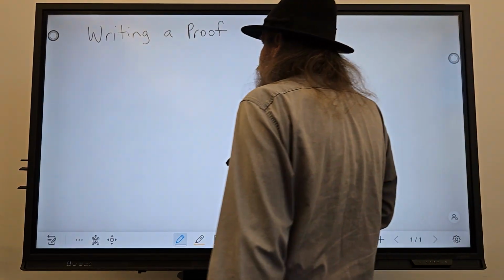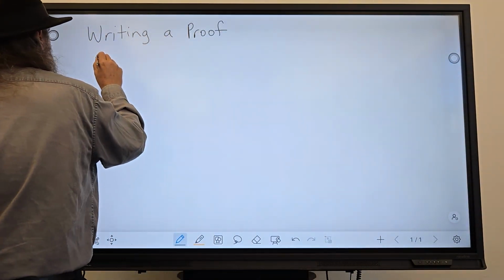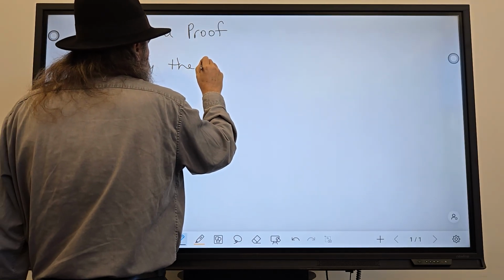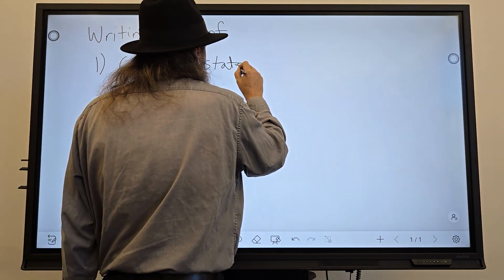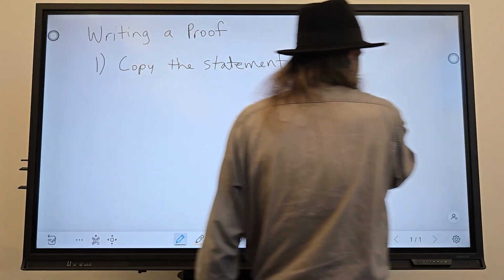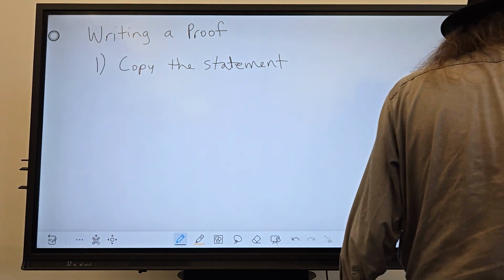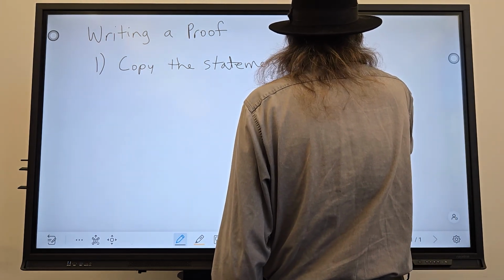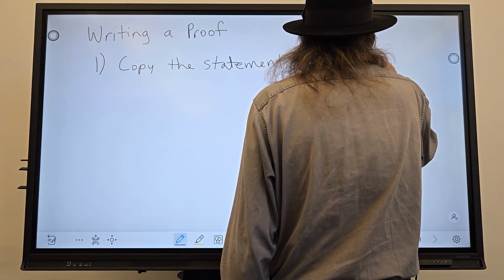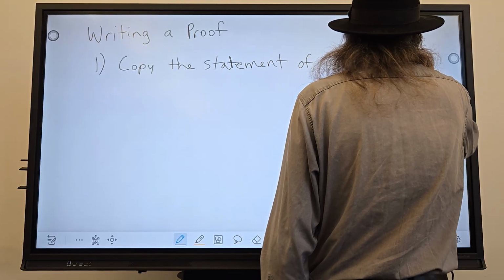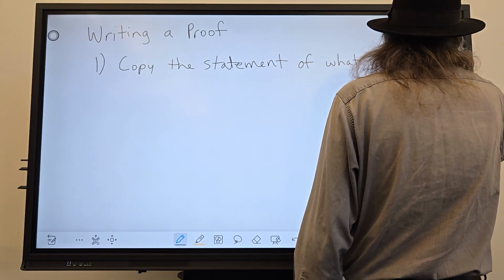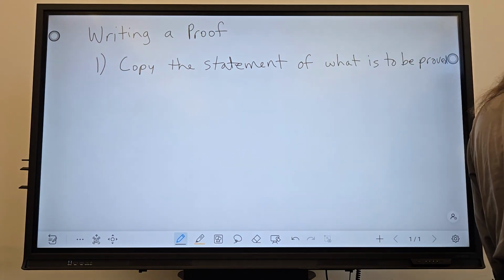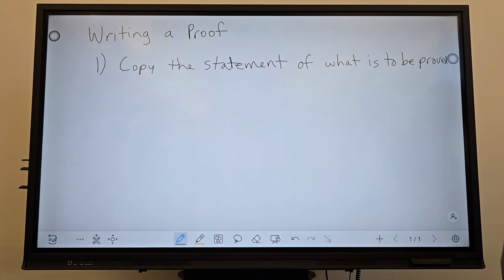Number one, copy the statement of the theorem to be proved, of what is to be proved. This makes the theorem statement available for reference to anyone reading the proof.